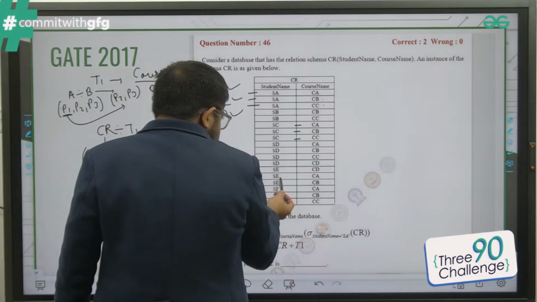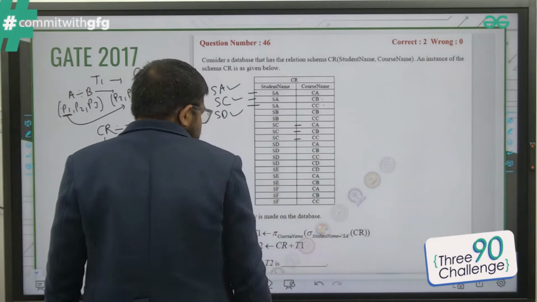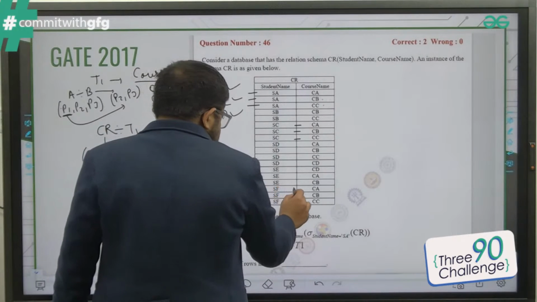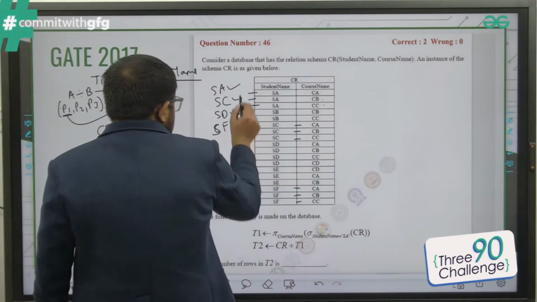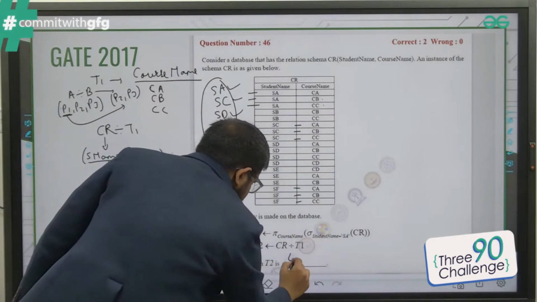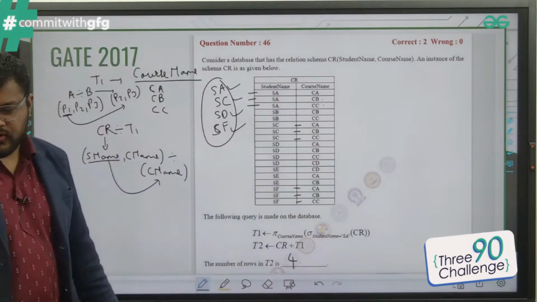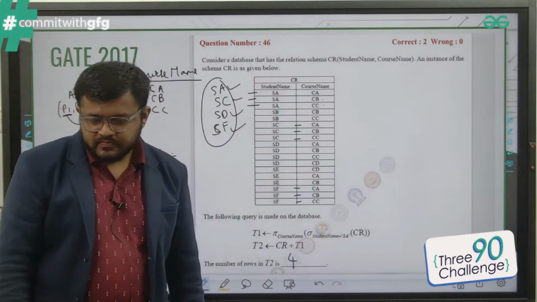Student E is associated with CA, CB but not CC, so he will not be taken. And student F is associated with CA, CB and CC, so student F will also be taken. So 4 student values will be returned, and hence the number of rows will be 4. Yes, great, Pawan. Is this clear?